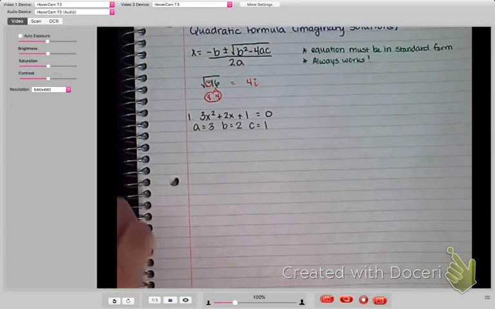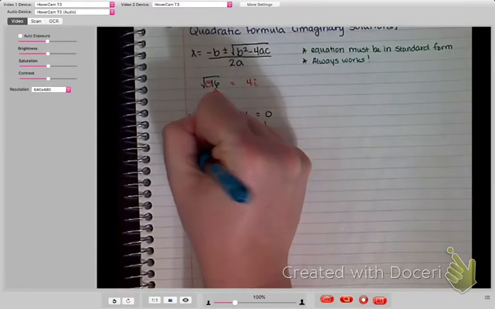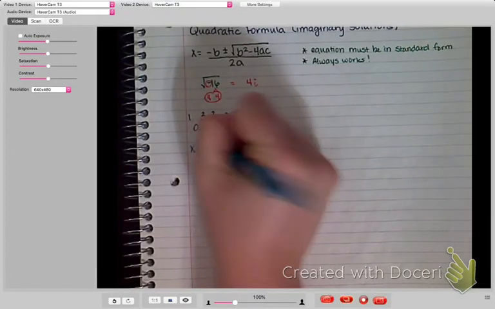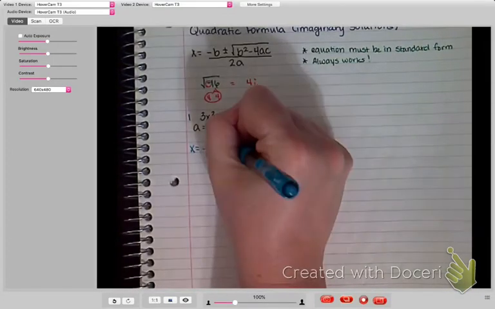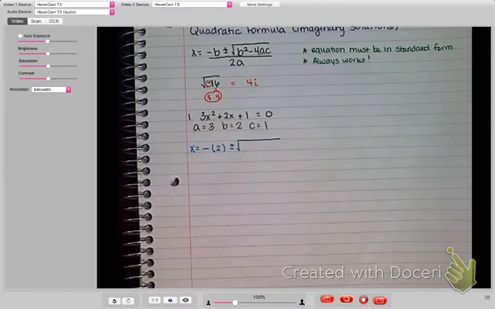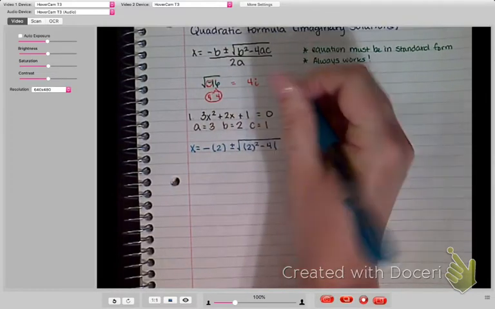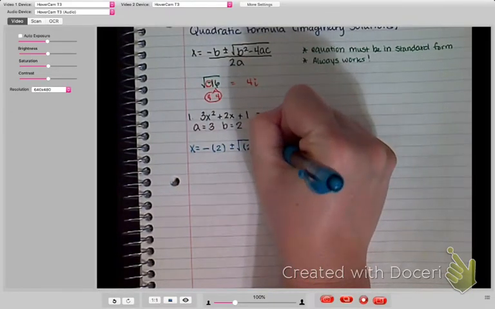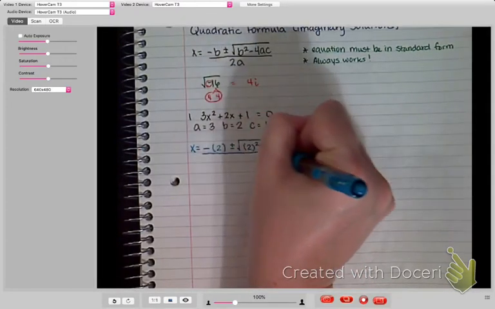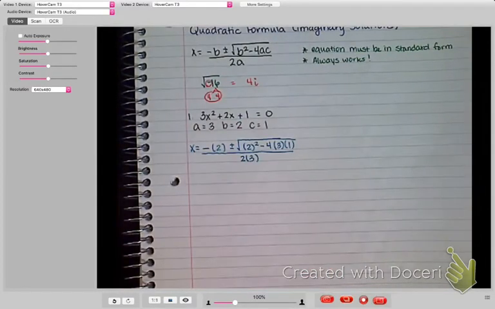Okay. From there, we are plugging things into the quadratic formula. So x equals negative b, which is 2, plus or minus the square root of b squared minus 4 times a times c, all over 2 times a. Okay, one step at a time.